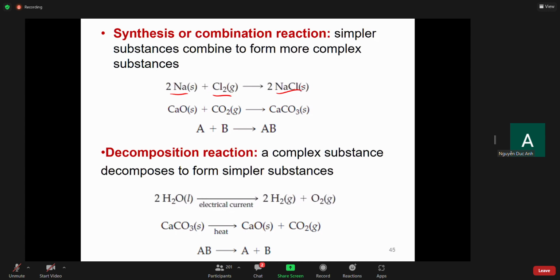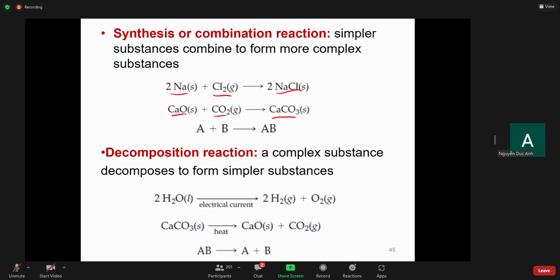Or the reaction between calcium and carbon dioxide gas to form calcium carbonate. The examples are very simple and you can find them anywhere. Just imagine if you start with 2-3 simple substances and form a more complex substance, this is a combination reaction.